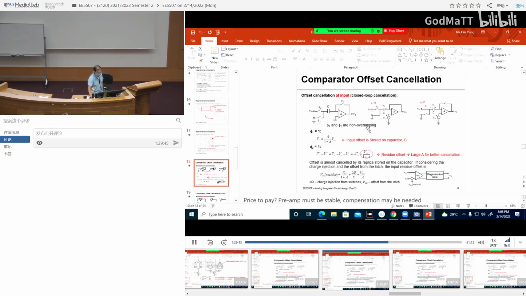Then, when I want to do the actual comparison, I open phi 1, close phi 2. I get this. And now, what is the voltage across my comparator input?